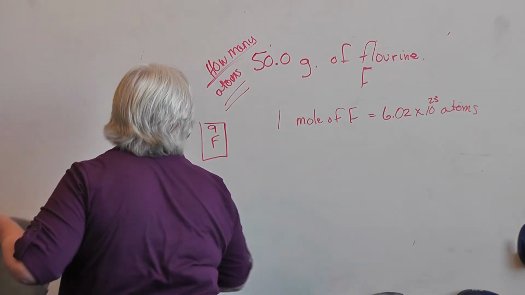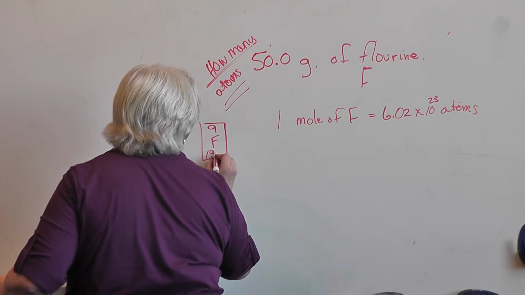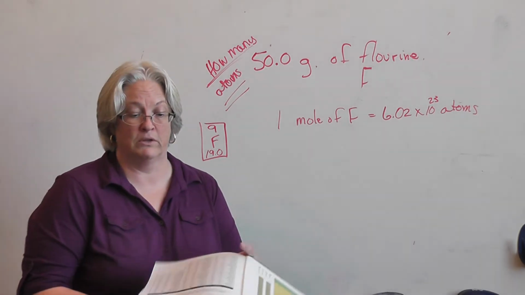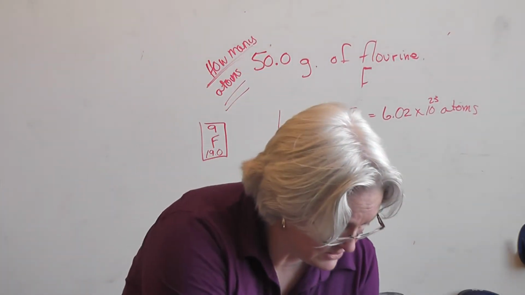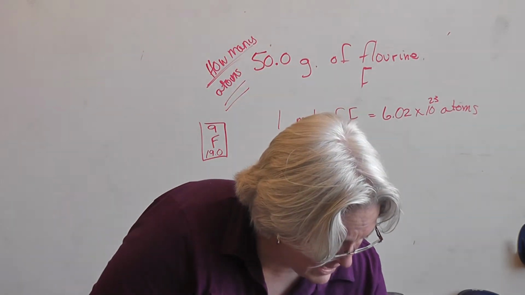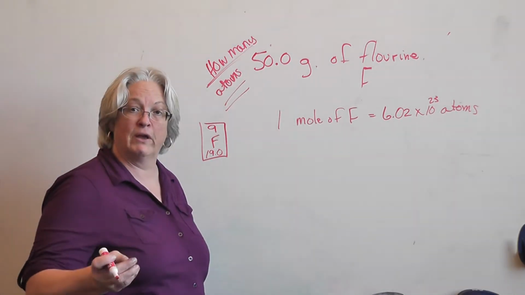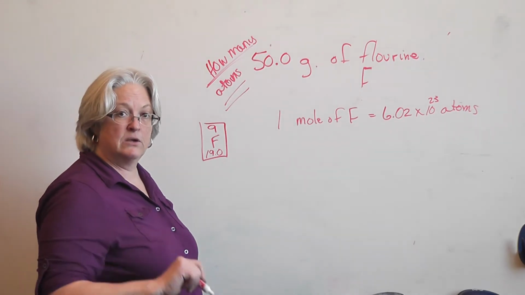Its atomic mass is 19.0. Okay, so what does this tell us? This tells us that if we have 19.0 grams of fluorine, that's equal to 1 mole.